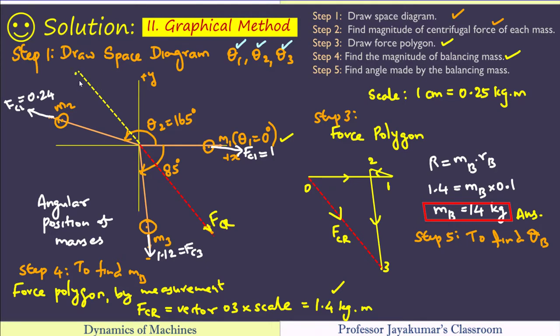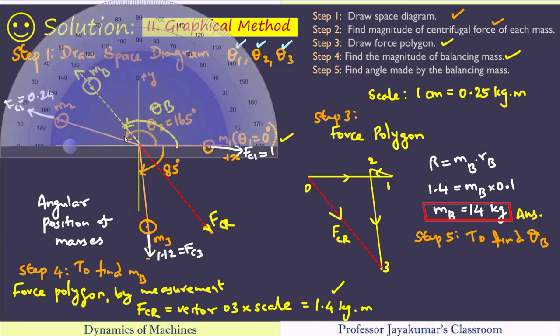So this is the direction at which balancing mass will be located. I should be measuring now this angle. Measuring that angle, I will get the required answer theta b. So I am getting the answer as about 130 degree.